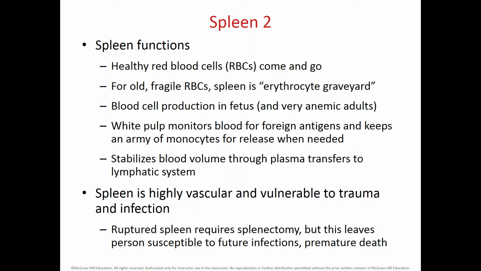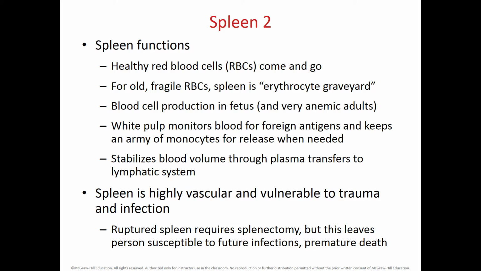So the healthy young erythrocytes can come and go, while the old erythrocytes, close to 120 days, or the ones that have an odd shape because of a genetic defect, get trapped within the reticular tissue, and then they get destroyed and recycled.